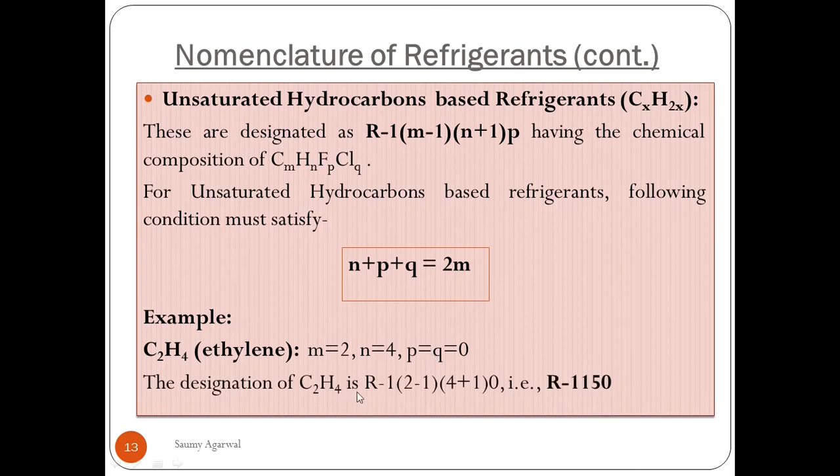Now the designation of C2H4 can be found as R1, 2 minus 1, 4 plus 1, 0. If we compare, 2 minus 1 is m minus 1, 4 plus 1 is n plus 1, and 0 over here is p. So we get the designation as R1150.